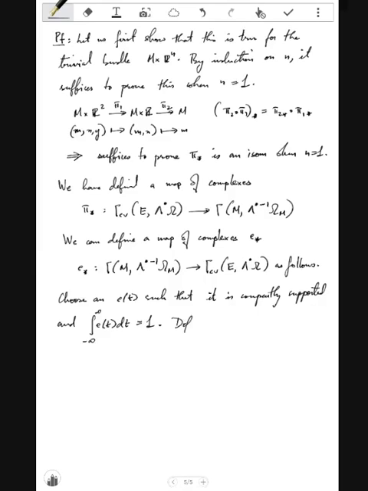So define e lower star of omega to be equal to omega wedge e(t) dt. Then clearly pi lower star composed with e lower star is equal to identity.